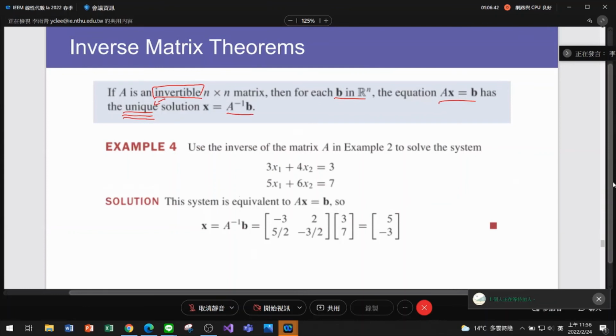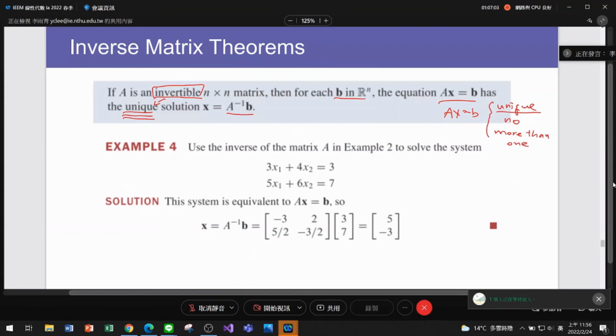When we talk about the equation Ax equals B, we care about whether it has a unique solution, no solution, or infinitely many solutions.